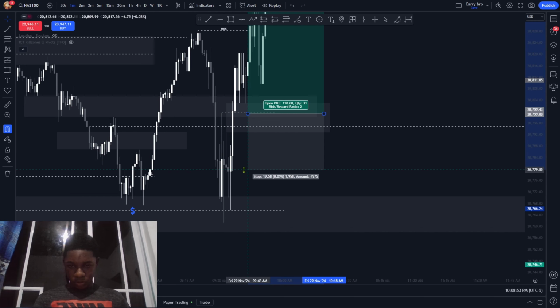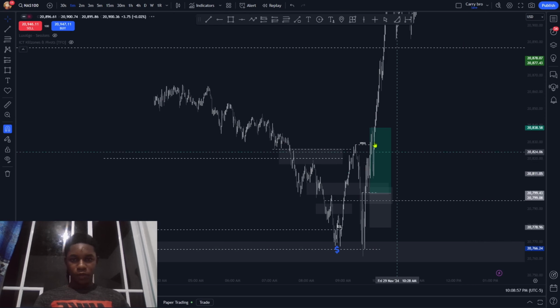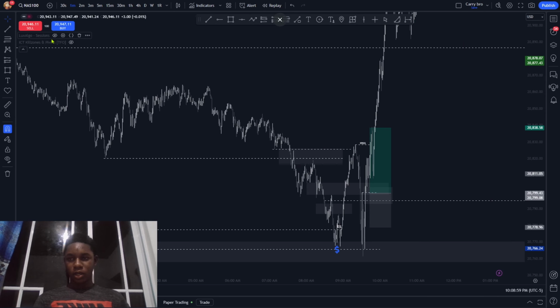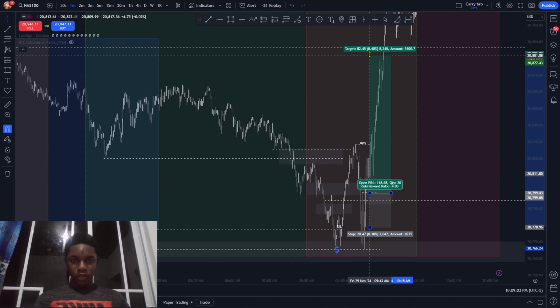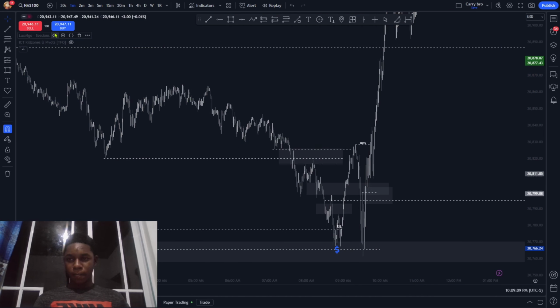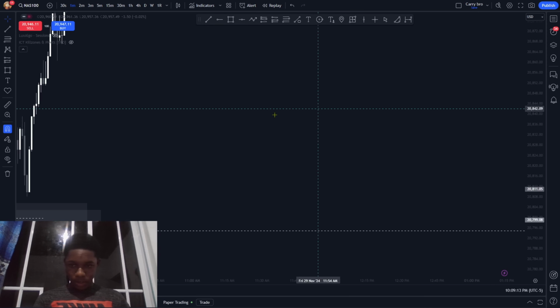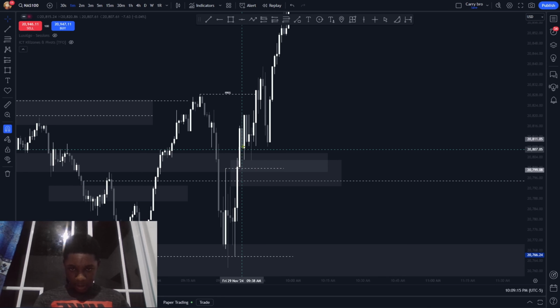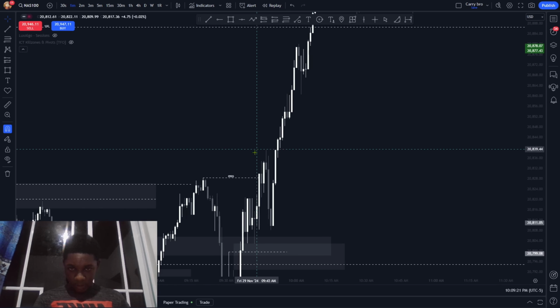So maybe right here, still aiming for Asia highs, and this would be TP easily 1 to 4, not too crazy. Let's see again if we got an entry on this. We did not. Came up, came down, short little down right here, and went again.